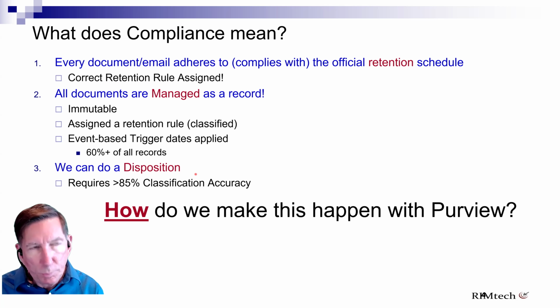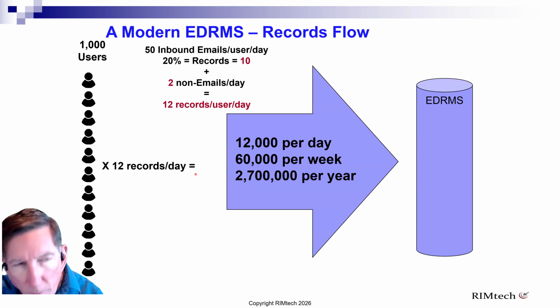And in order to pull off that miracle, you need a classification accuracy rate of over 85%. And any good EDRMS project measures that rate every single day and records it, so that 3, 4, 5 years out, when you do pull the trigger and dispose of millions of records, you can do it with complete confidence. Okay? So that's one concept.